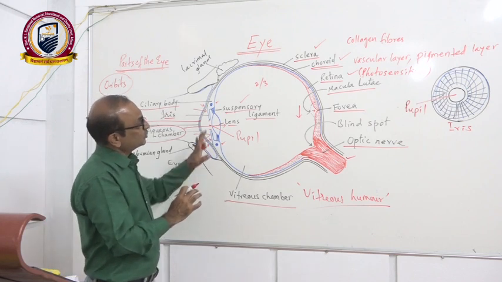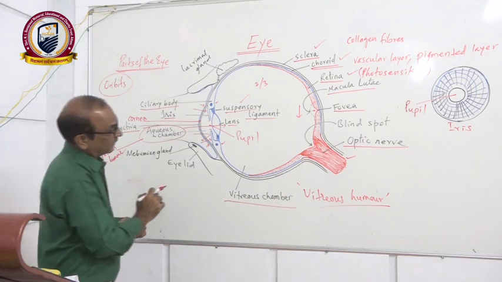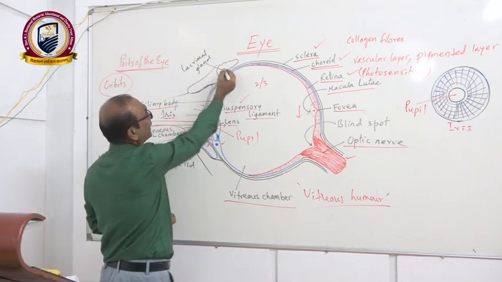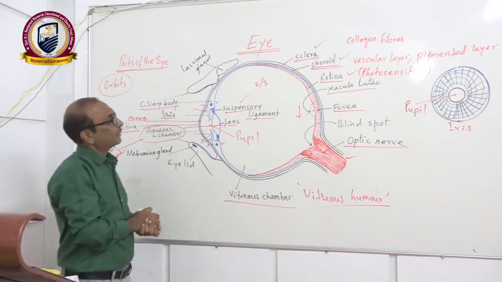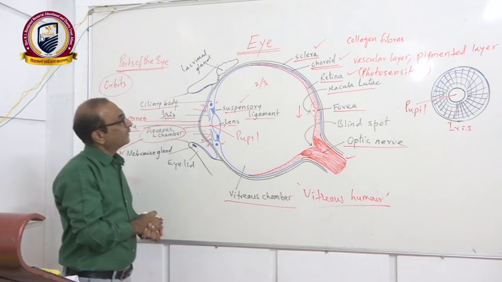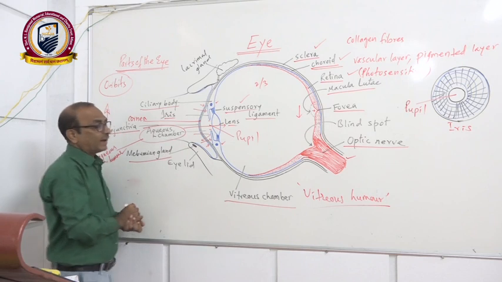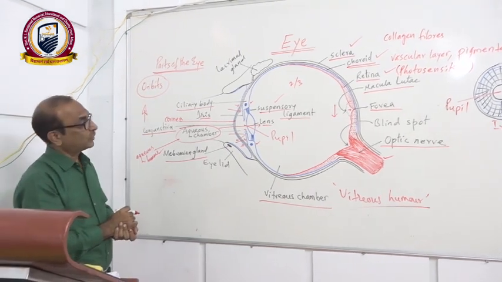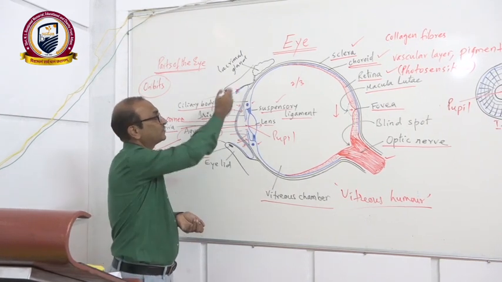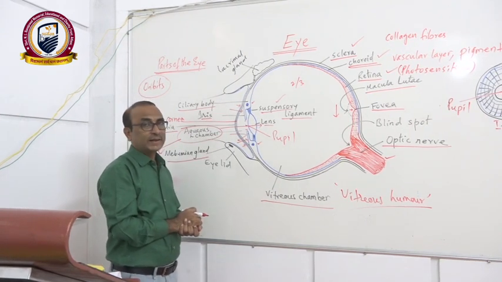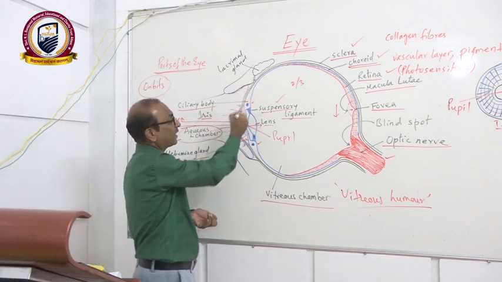Now that is about the structure of the eye. Some more information we can get from this diagram, like lacrimal gland which secretes the tears that keep our eyes wet, and then also meibomian gland which is there in the eyelids, and this also secretes one oily liquid which will prevent the evaporation of the tears and keep our eyes shiny and protect the eyes, especially the exposed part of the eye, right?